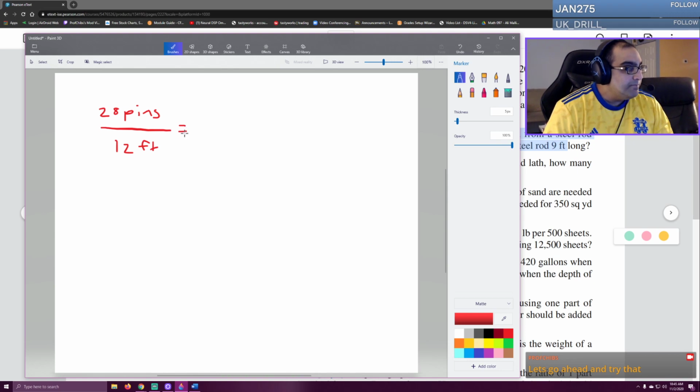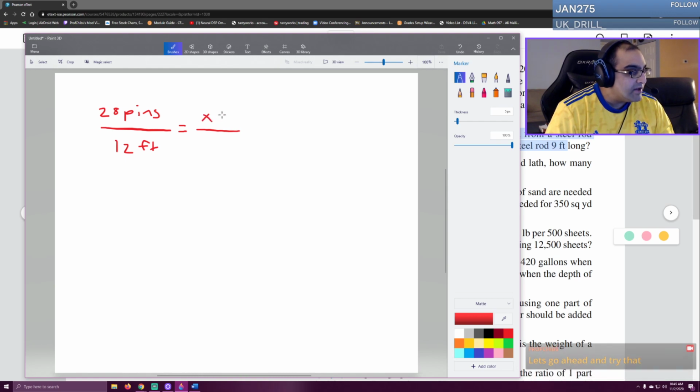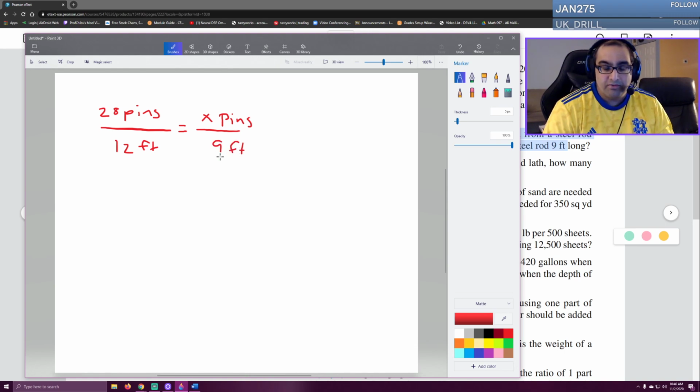Then this is going to equal 28 pins over 12 feet, and then on the other side we have X amount of pins that we need to find over 9 feet, which is the rod that we're given here in the question. Okay, then we'll go ahead and cross multiply here. So we're going to have 12 times X equals 28 times 9.